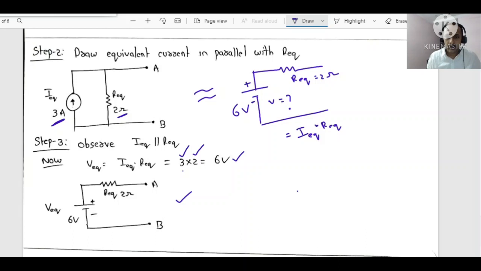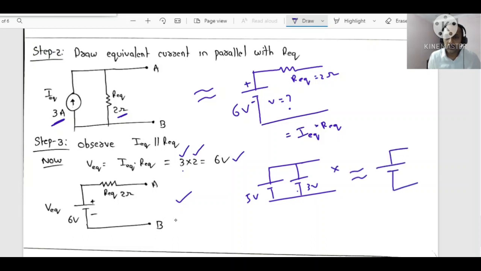Okay, dear students, these are the important basics, and once again I will tell you, 2 voltage sources of different value, for example 5 volts, 3 volts, you cannot get into a single equivalent voltage source. This is wrong. But if you have 5 volts and 3 volts in series, then you can make it into a single voltage source, 8 volts.